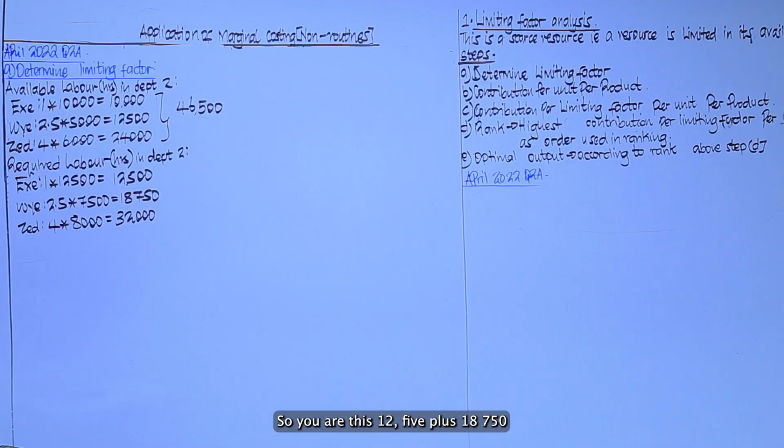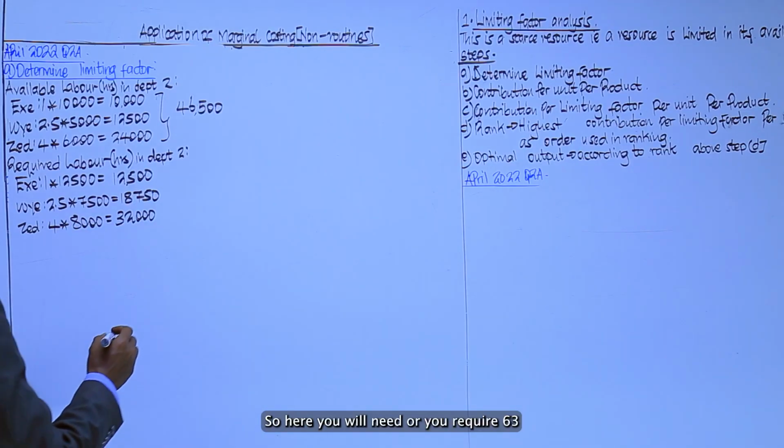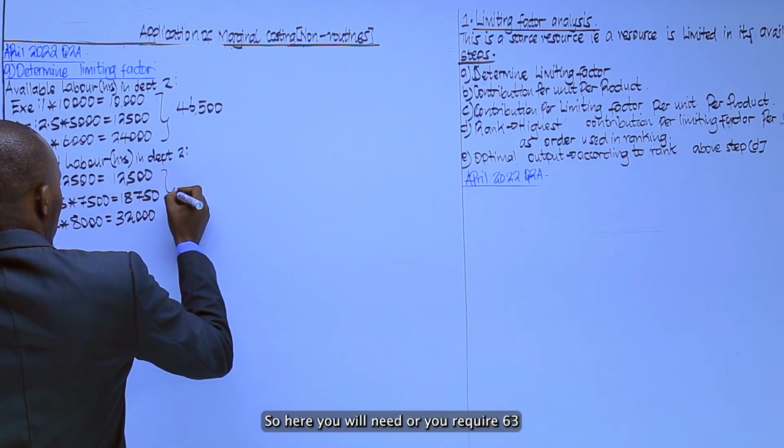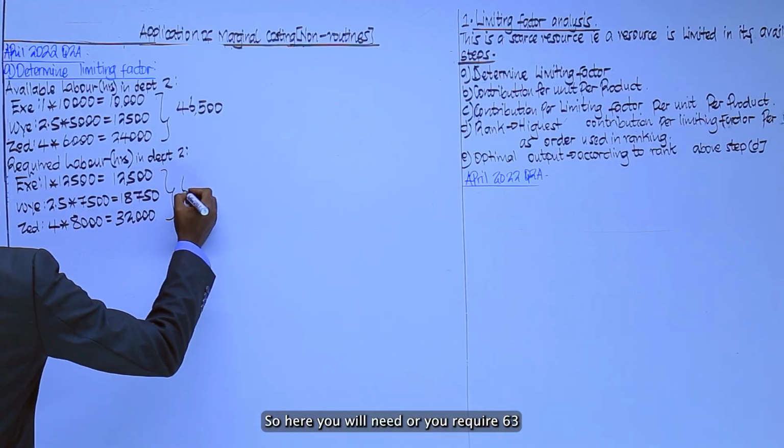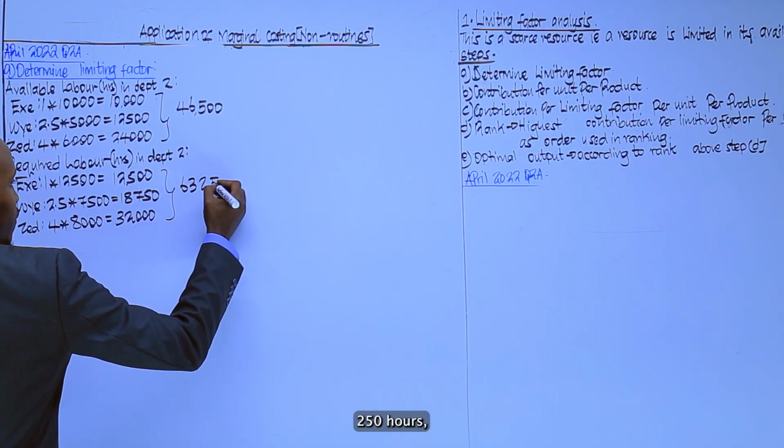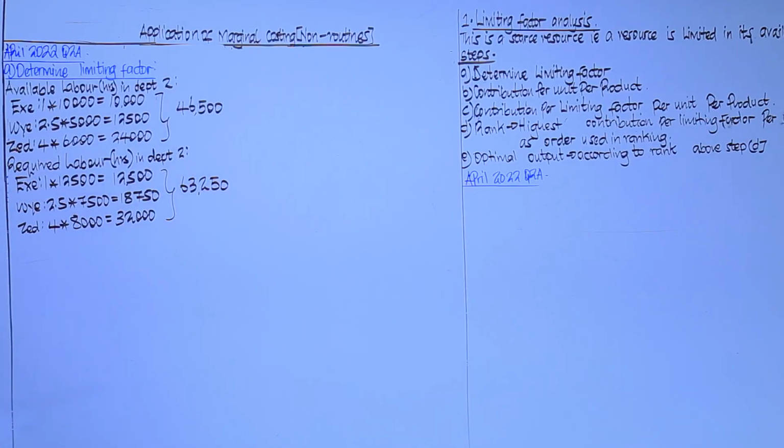So you add this 12,500 plus 18,750 plus 32,000. So here you will require 63,250 hours, 63,250 hours in department 2.